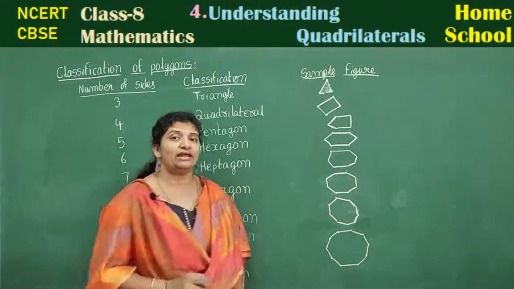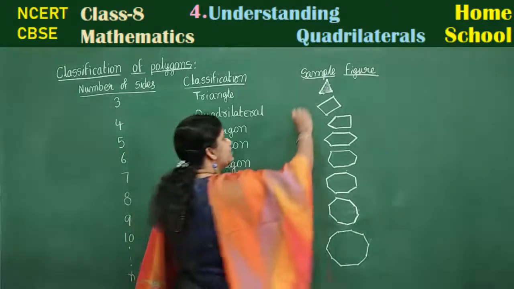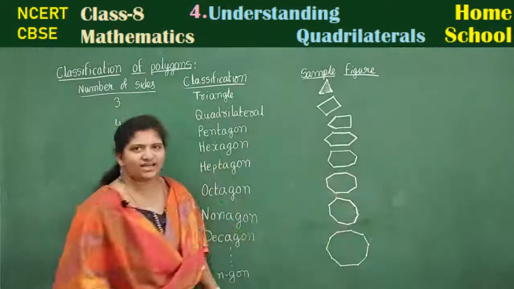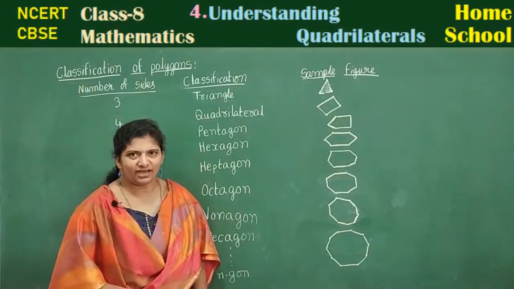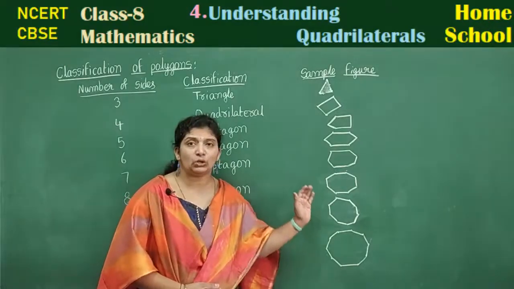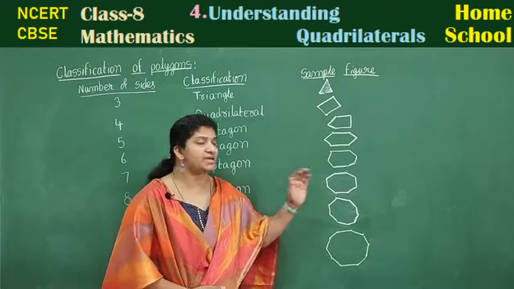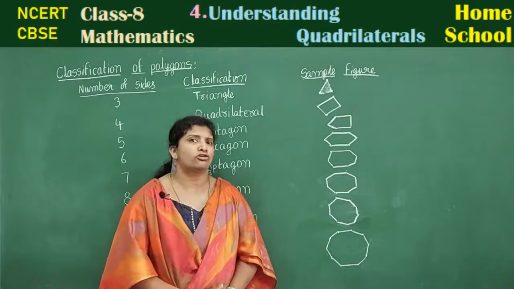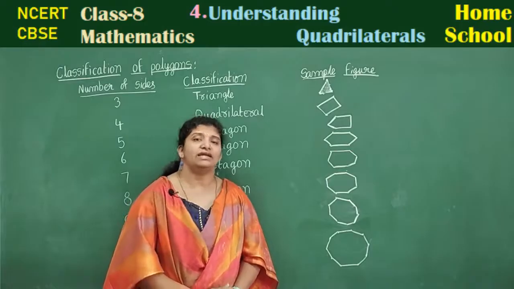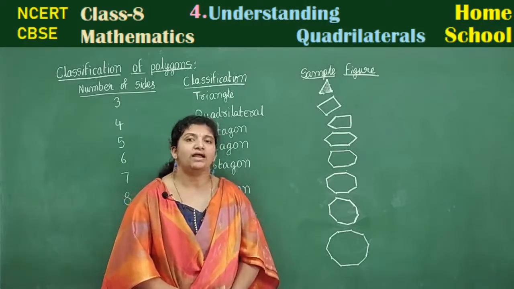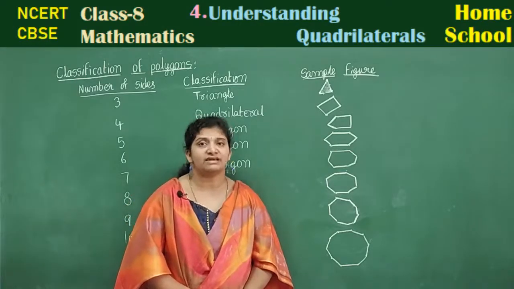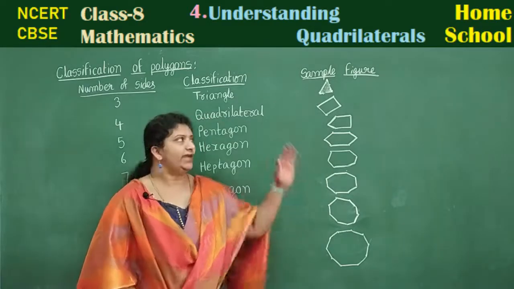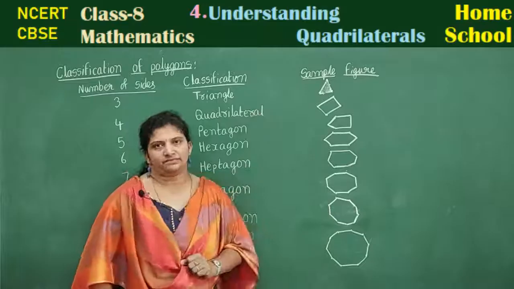For that triangle, the exterior is everything other than the triangle, the remaining part, right? It is a simple closed curve with line segments, called a polygon, and these are closed figures having interior and exterior, and this classification is done according to the number of sides they have.